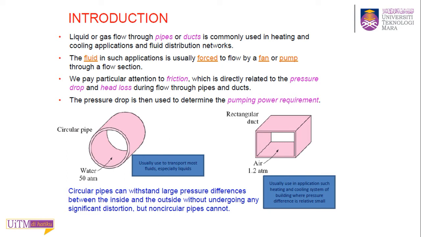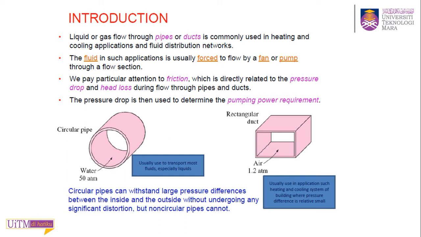We already touched on this before when we learned the Bernoulli equation. When you want to apply the Bernoulli equation, it must be frictionless. But we know that in reality there is no such thing. There will always be friction.